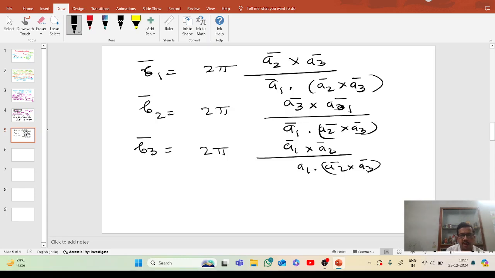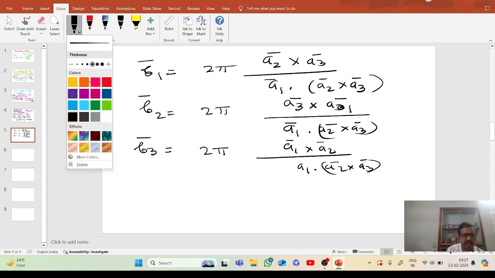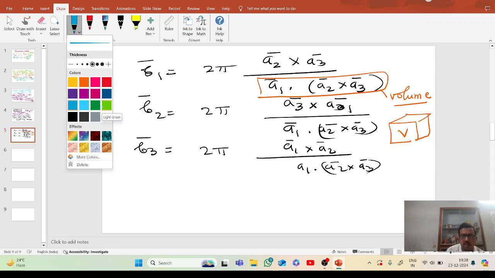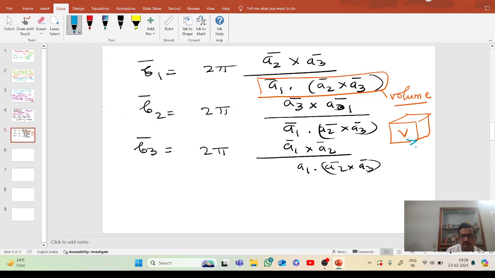Now see, a1 dot a2 cross a3, this is the volume of the rectangular parallelepiped. Now suppose this is your a1, this is a2, and this is a3.